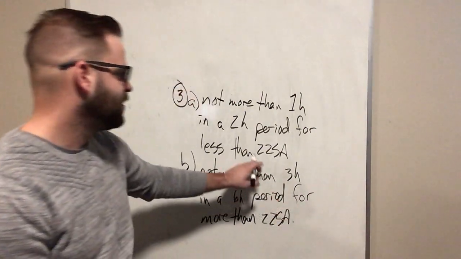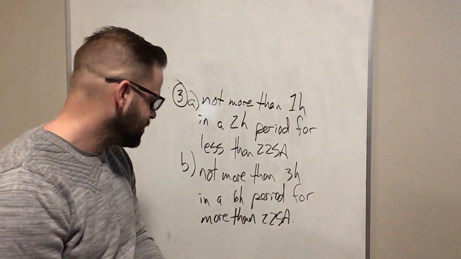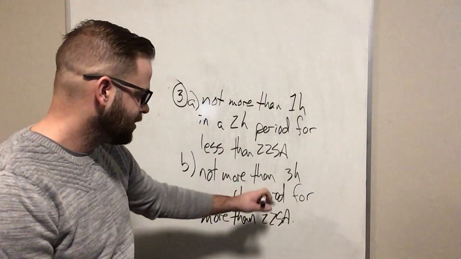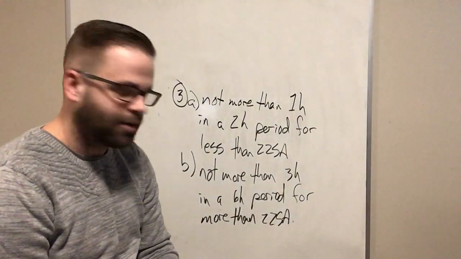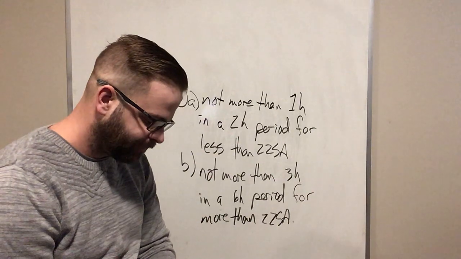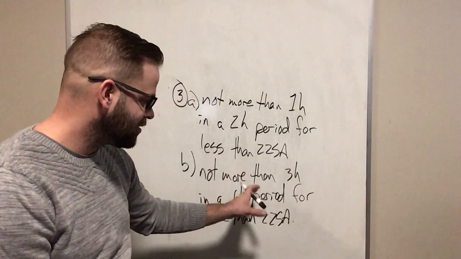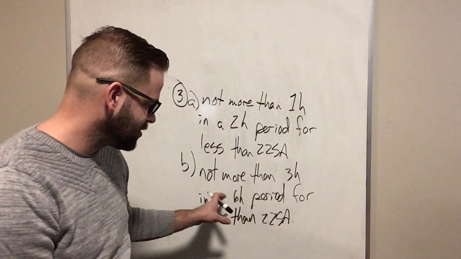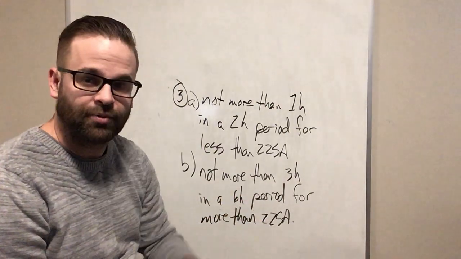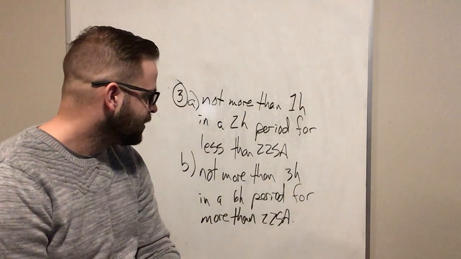And A should be for less than or equal to 225 amps. If it runs for more than 3 hours in a 6-hour period for more than 225 amps, then it is continuous. So if it does not operate for more than 3 hours in a 6-hour period for more than 225 amps, it's not considered a continuous load.